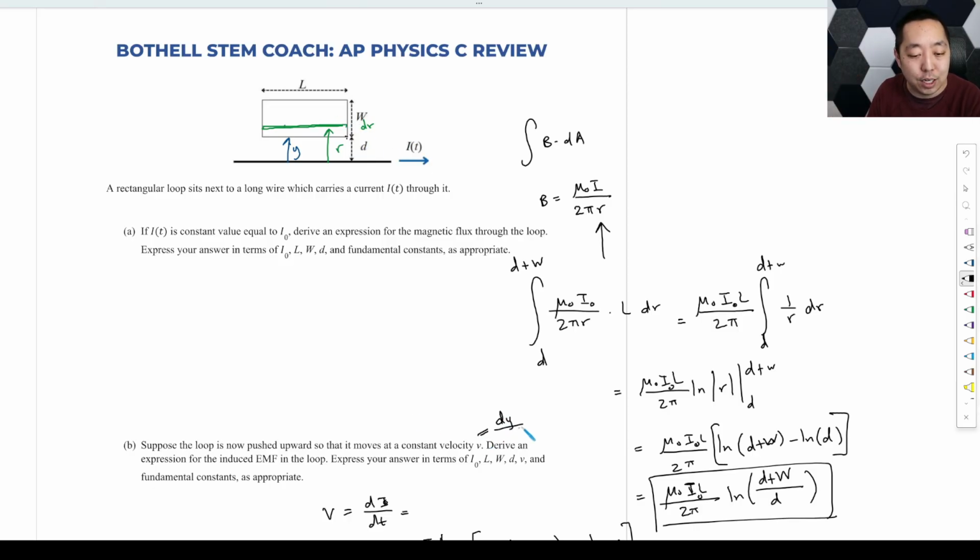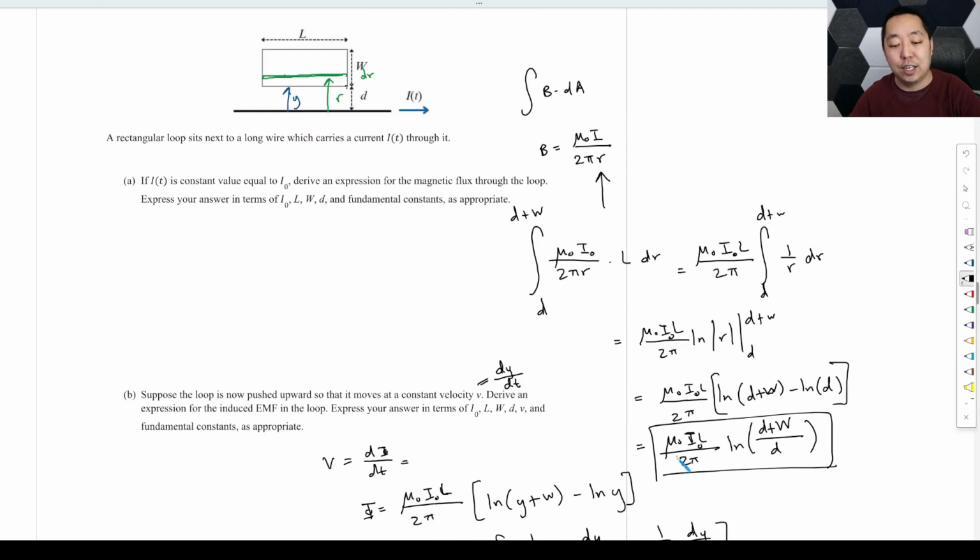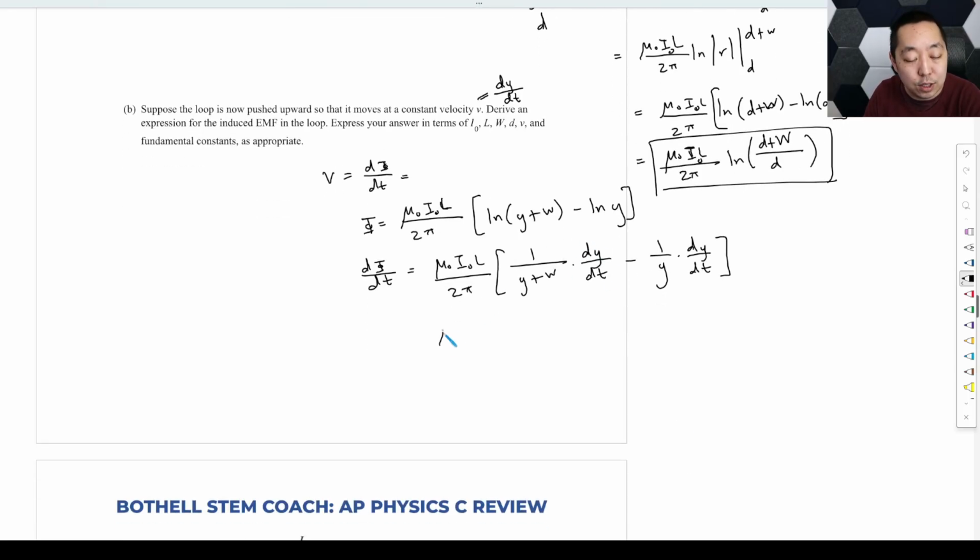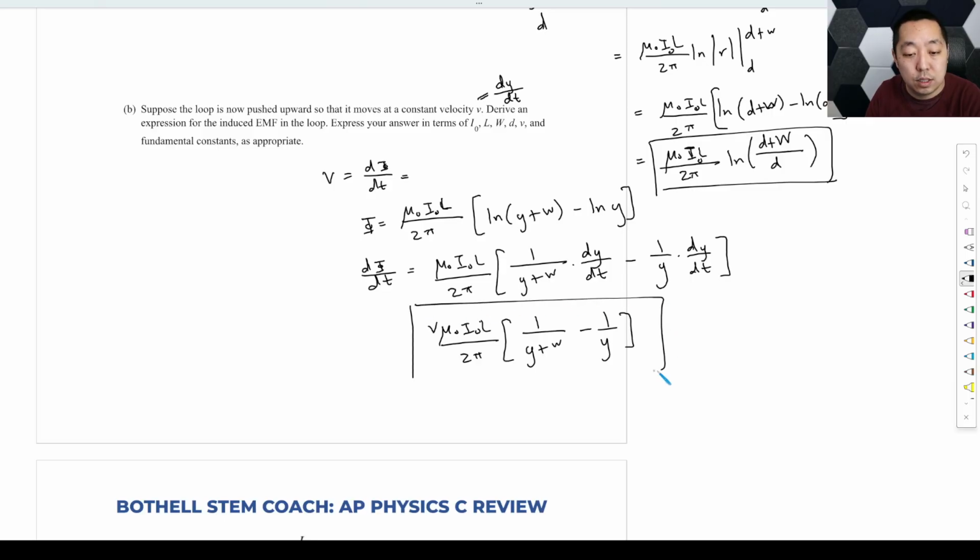So we replace that with v. This will be mu naught I0 L over 2 pi times v times 1 over y plus w minus 1 over y. And that would be the induced EMF.